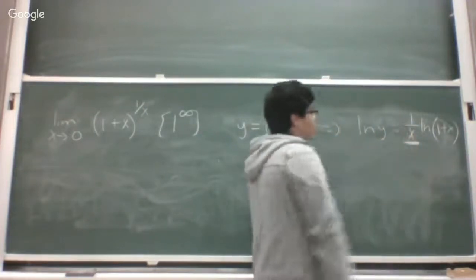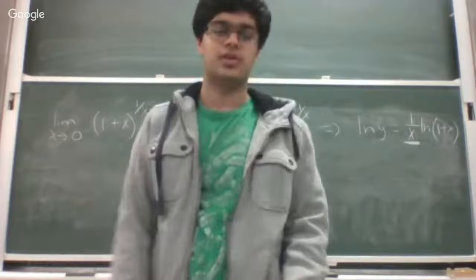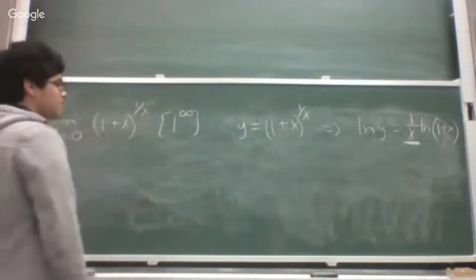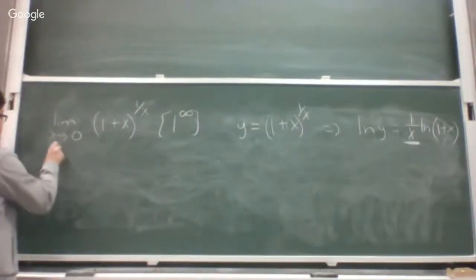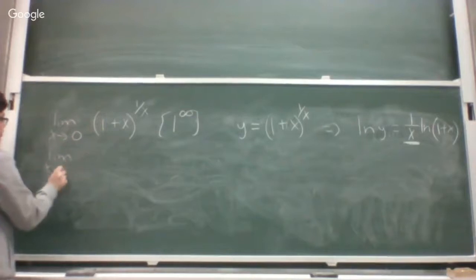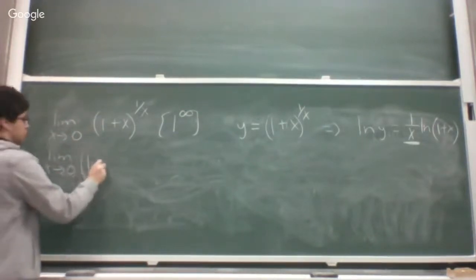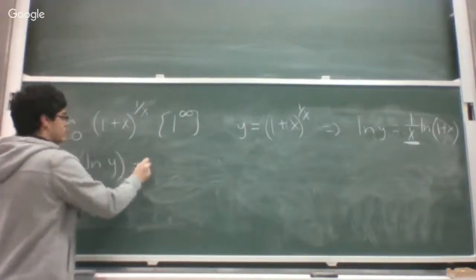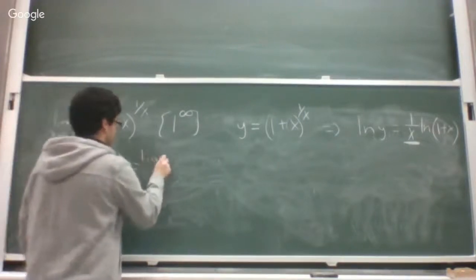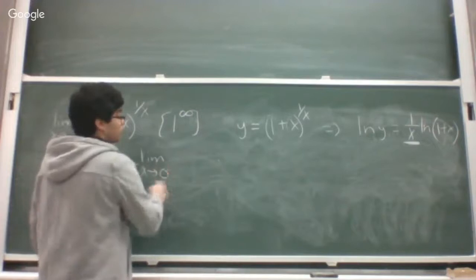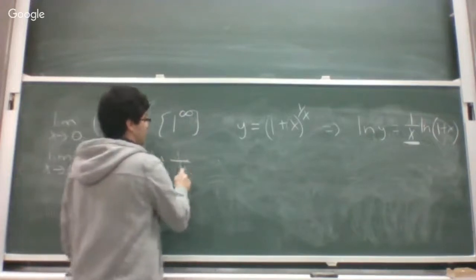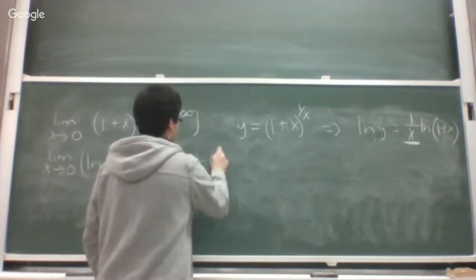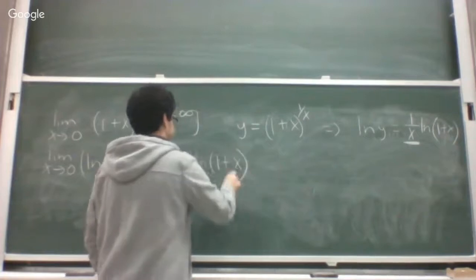We were able to bring 1 over x down because of a log property. Now we do the limit as x approaches 0 to both sides. So the limit as x approaches 0 of the natural log of y equals the limit as x approaches 0 of 1 over x times the natural log of 1 plus x.